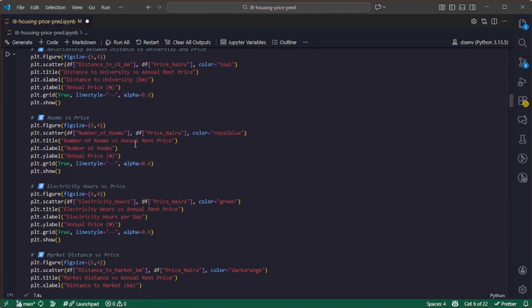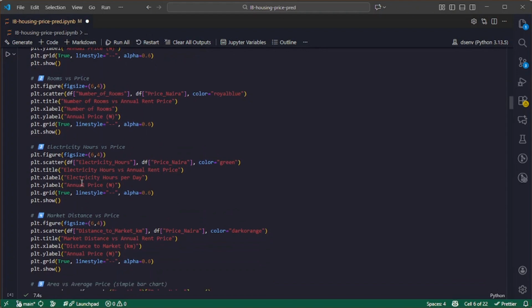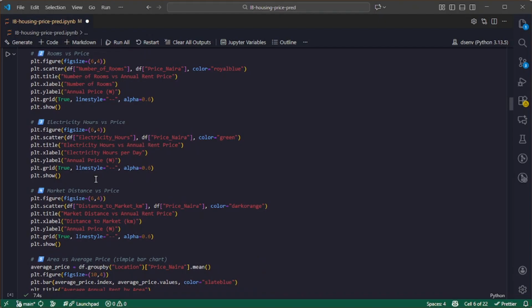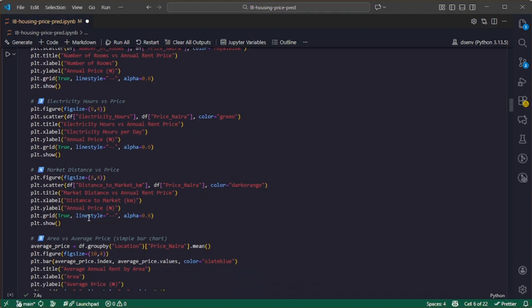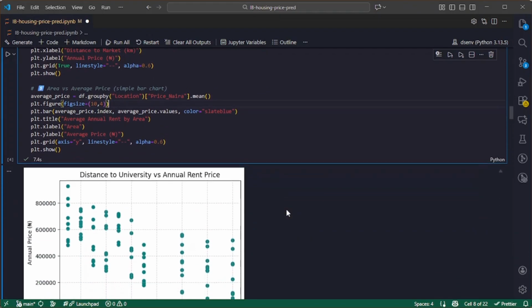How does the number of rooms relate to the annual rent price? Also doing that for the electricity hours. How does the electricity hours relate to the annual rent price? How does the distance to market relate to the annual rent price? How exactly does each location affect the annual rent price? Do you understand? So yeah, that's it.